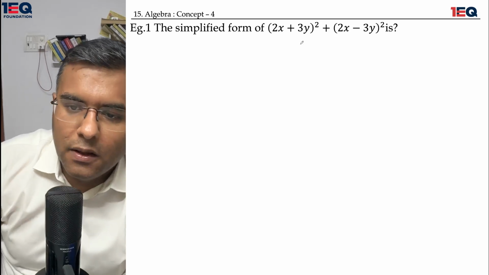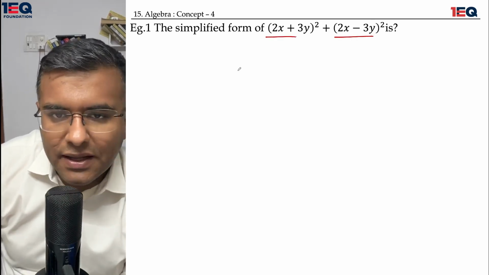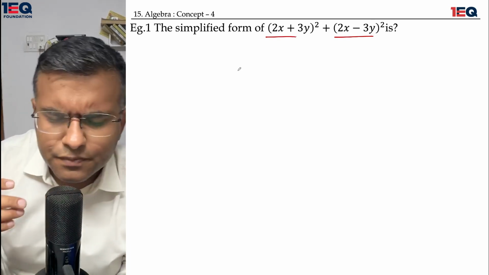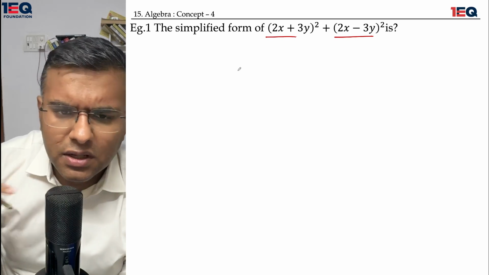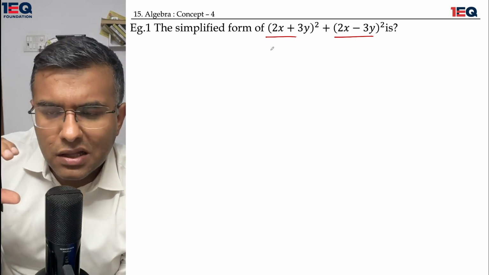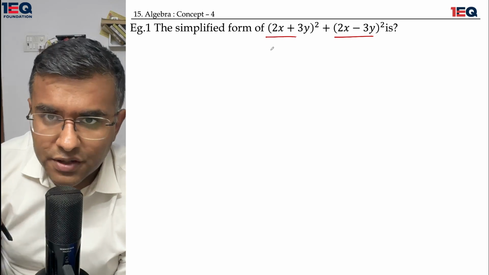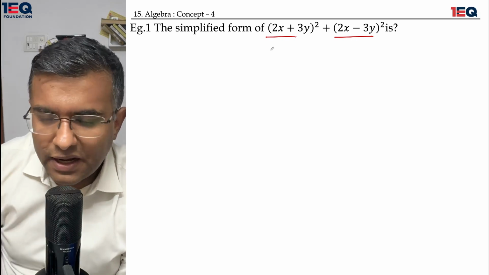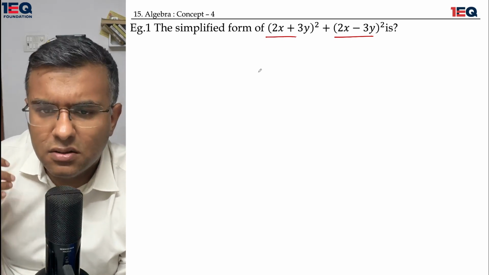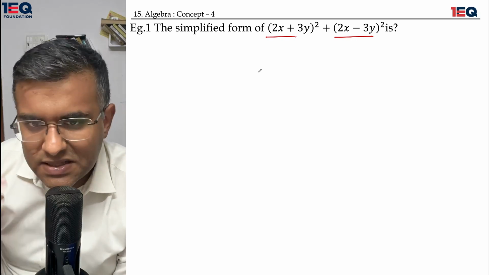The simplified form of this is what? I'll quickly write it down in a manner like when we do long division sums or long addition sums, so that the calculations become easier, and it is easier to identify what cancels with what.